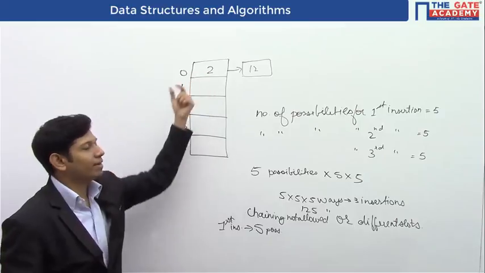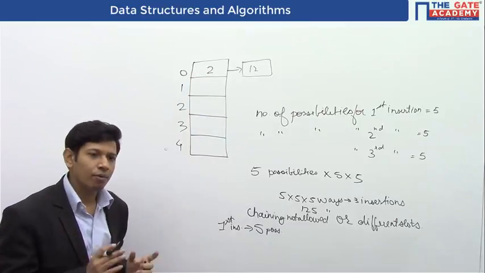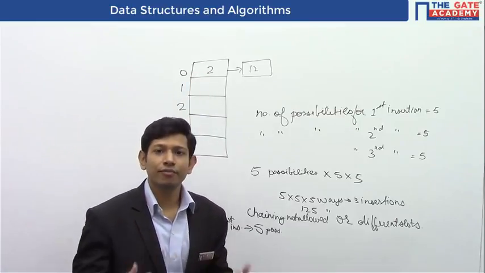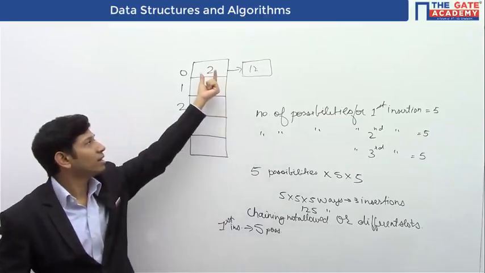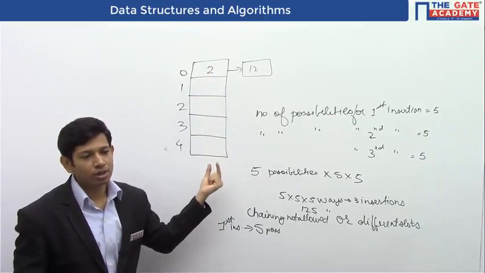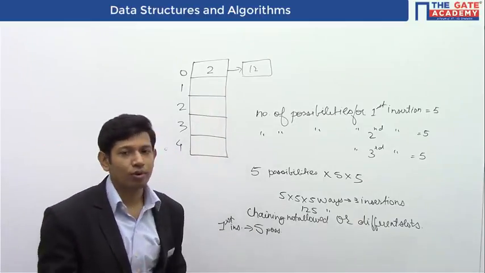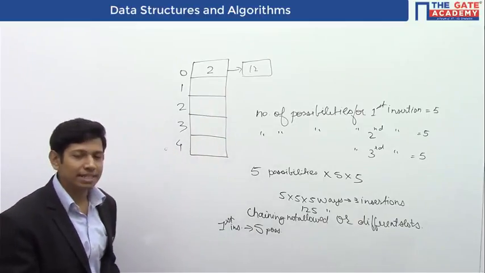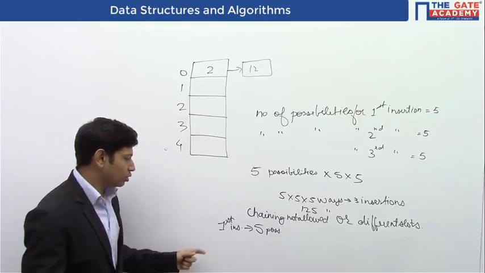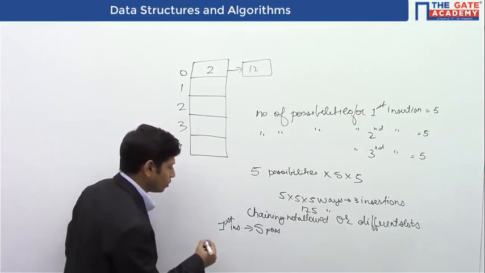Now, since we have an element stored and we want each insertion to happen in a different slot, this slot is gone. Now we have 4 remaining slots and the second insertion should happen in any one of these 4 slots. So for the second insertion we have 4 possibilities.